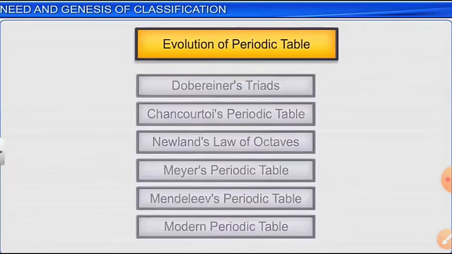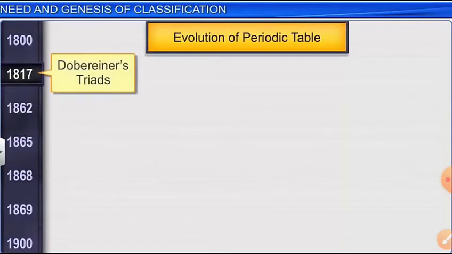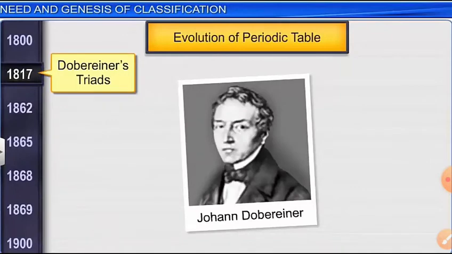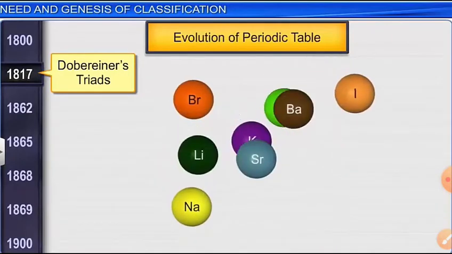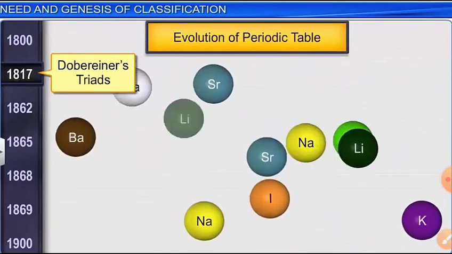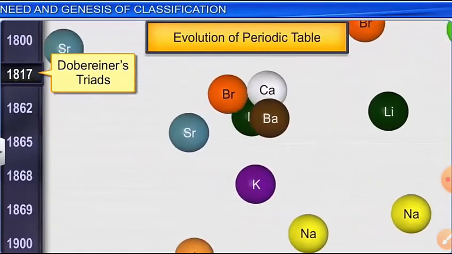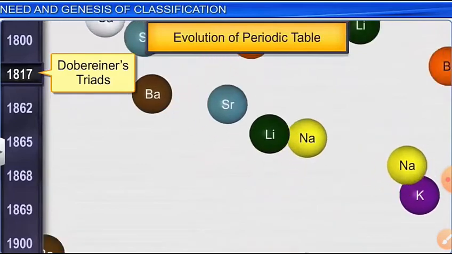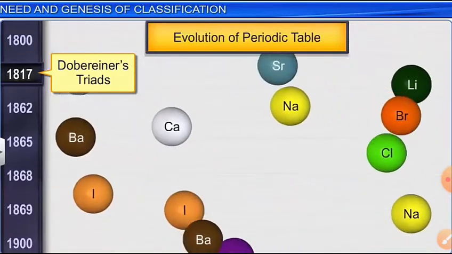We will start with the evolution of the periodic table, which started in 1817 with Dobereiner. Johann Dobereiner started to arrange the elements. He arranged the elements in groups of three called triads.